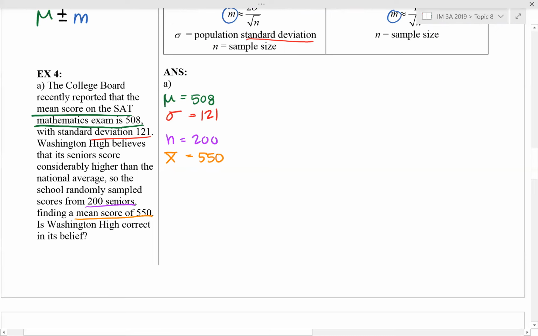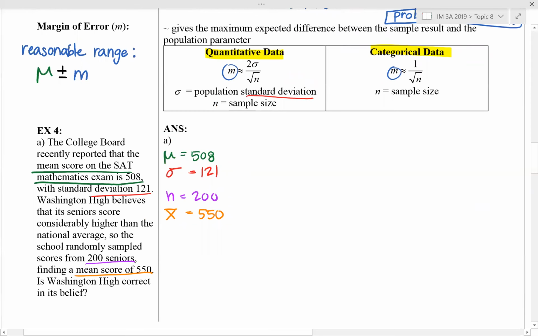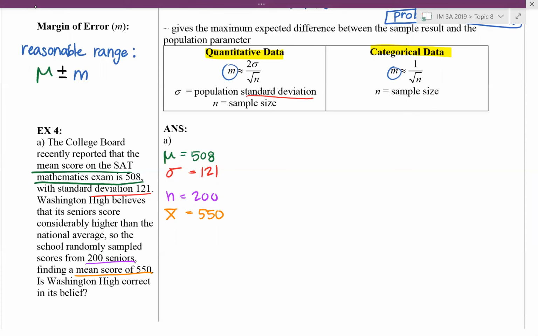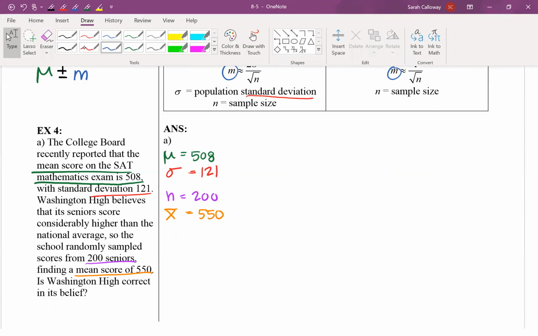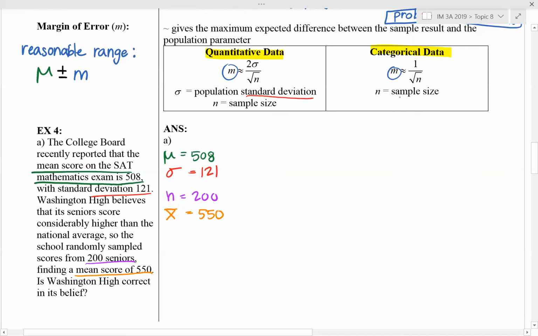We're going to find this reasonable range by calculating the margin of error. I talked about already that if standard deviation is included in the problem, then you're going to use the formula with standard deviation in it. If it doesn't say anything about standard deviation, that means that you have categorical data, and you're going to use the formula for that margin of error. Since I have a standard deviation, that tells me that I have quantitative data.